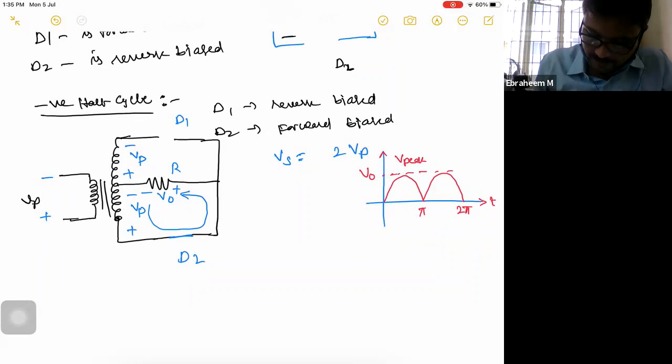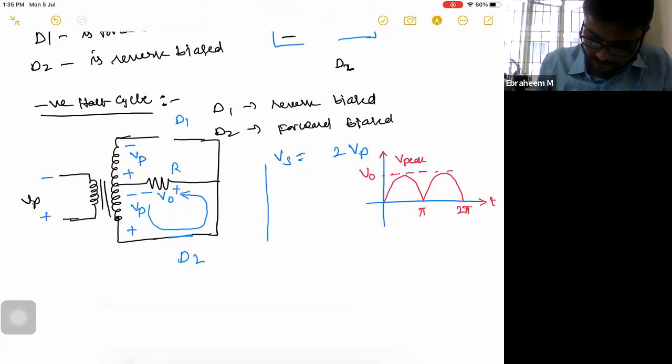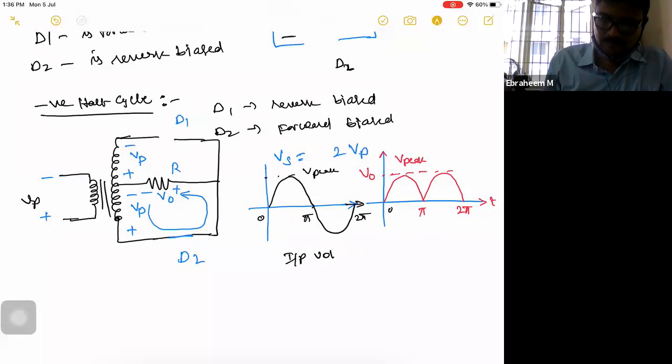So the corresponding input voltage waveform is like this, and this is the output voltage.